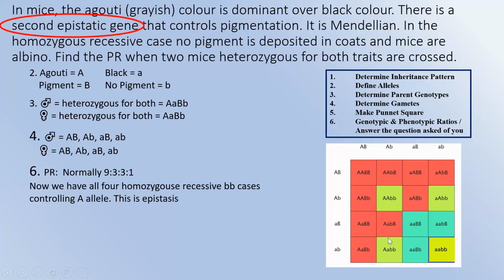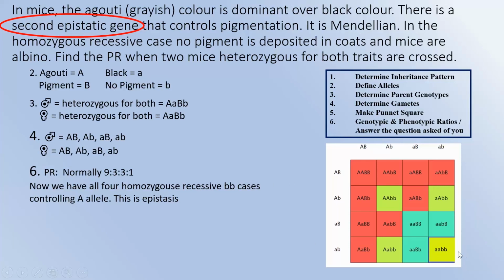Then the rest is the same, so these ones will all be agouti because they all have capital B's, so they all have the pigment. Similarly, these 3 are recessive for color, so they're black, but they have the pigment, so they'll look black. But these 4, even though you'd think that they might be agouti based on the A's, are all going to have the same albino-like phenotype because they don't have any pigmentation to begin with.